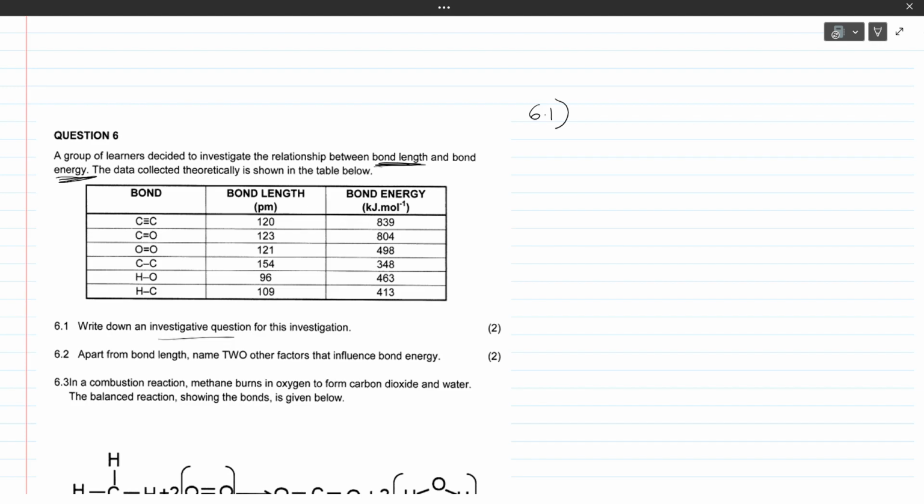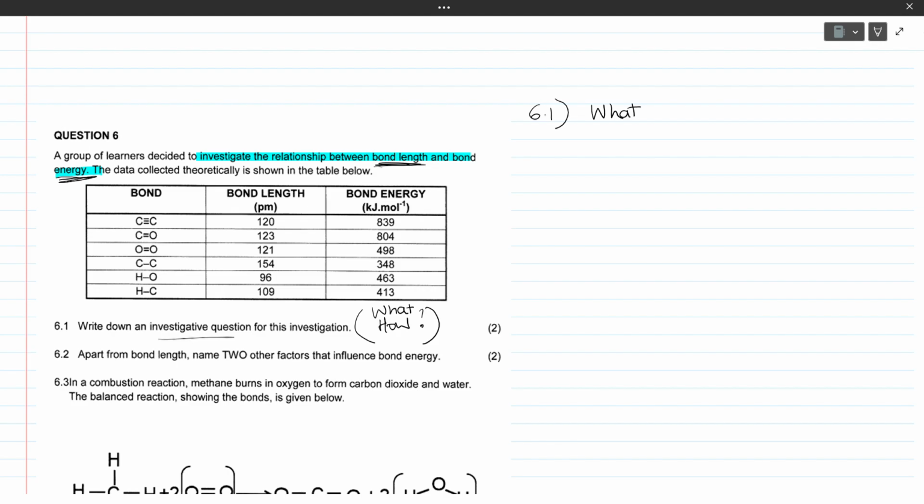Now, how do we do an investigative question? Firstly, it must be phrased as a question. Some of the clues is you always want to start off the question with a question word, like what, where, or how. Not necessarily where, but more so what and how. These are question words, so you always want to start it off using that. So we're going to say what. If we read the description again, they've told us that they want to investigate the relationship between bond length and bond energy.